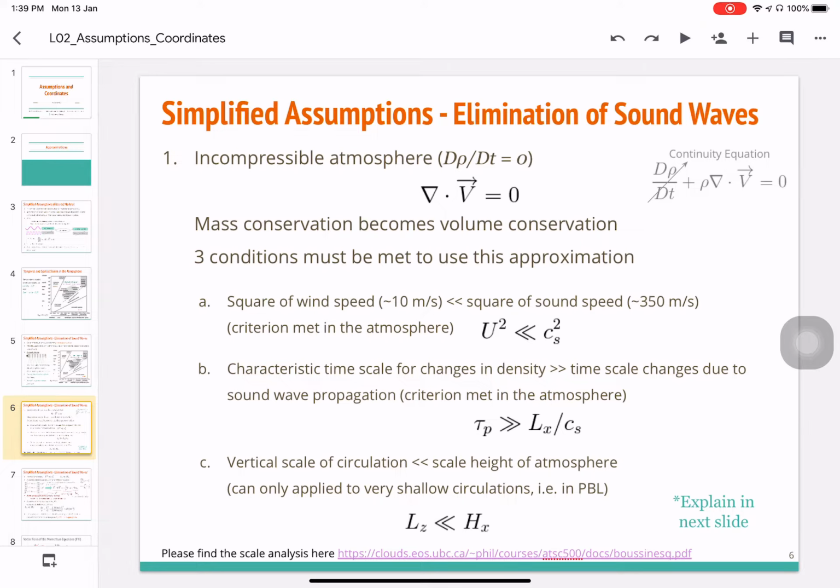Another one, which you are probably very familiar with, is that the vertical scale of the circulation should be much smaller than the scale height of the atmosphere. So it should be a shallow layer of air motion.